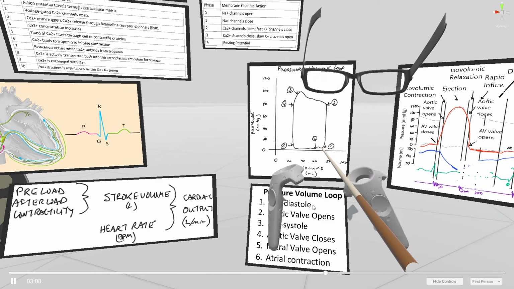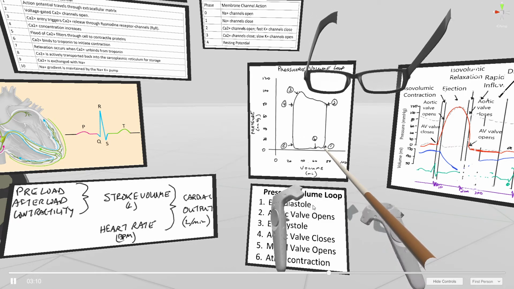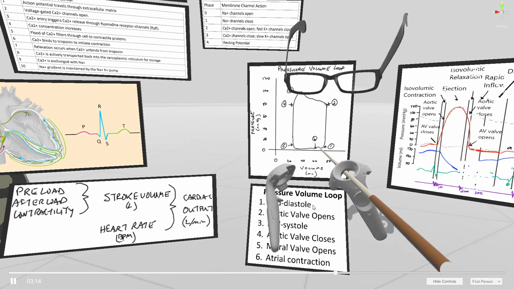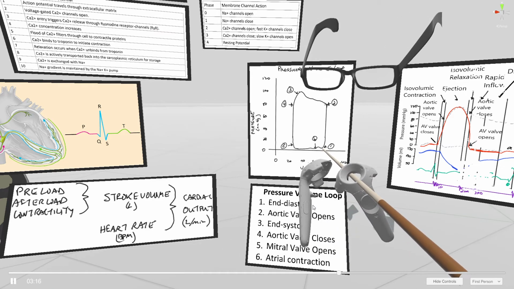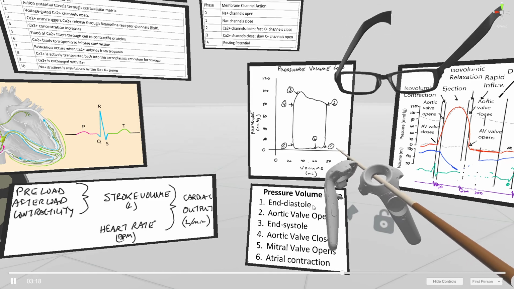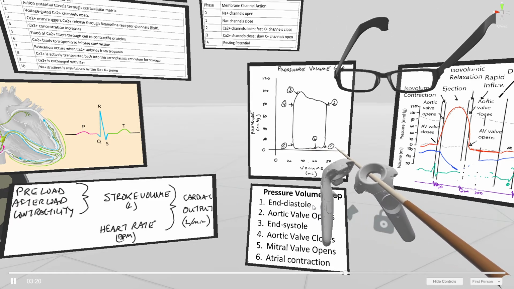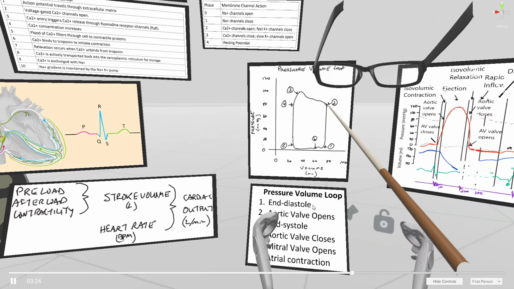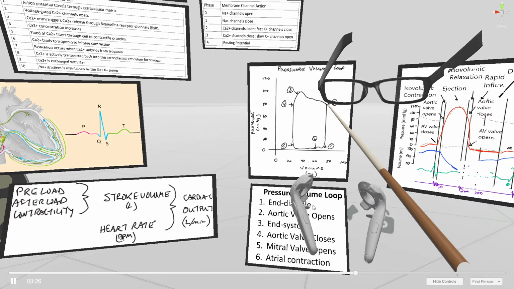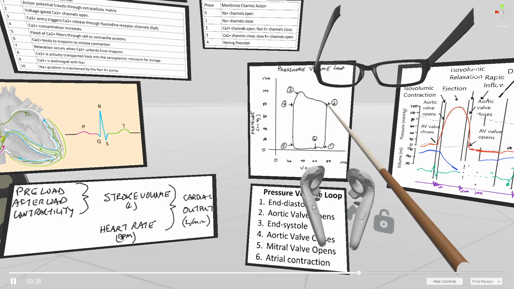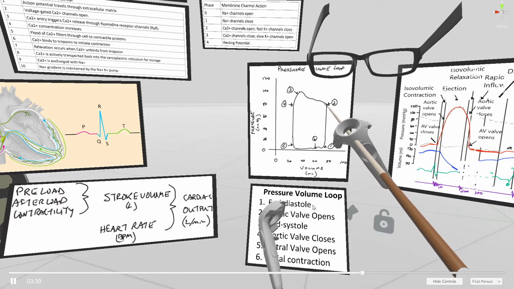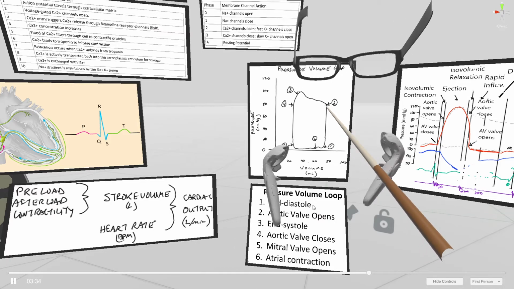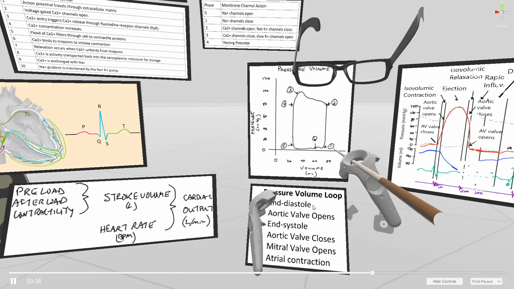If I were to inject a bunch of IV fluid into a patient and increase the preload, then I'm going to shift this pressure volume loop in this direction. As the heart begins to contract, it goes through an isovolumic contractile state before the aortic valve opens. The aortic valve opens here. What do you think happens to the pressure in the left ventricle when the aortic valve opens?